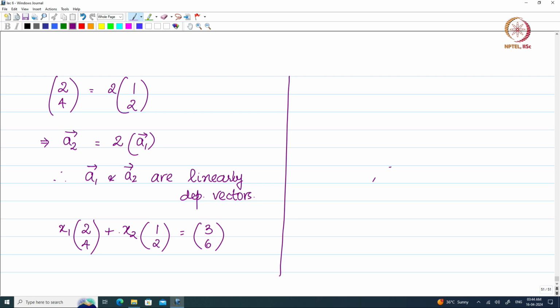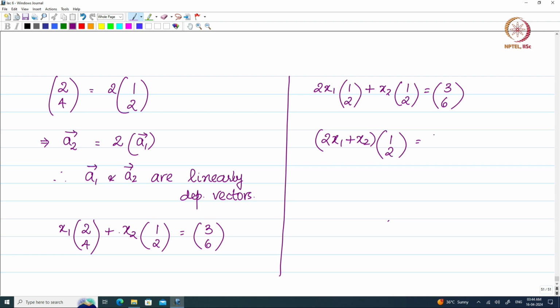Since we already said that 2 4 is 2 times A1, I can write this as 2x1 into 1 2 plus x2 into 1 2 is equal to 3 6. So we are going to say that (2x1 plus x2) into 1 2 is equal to 3 6.